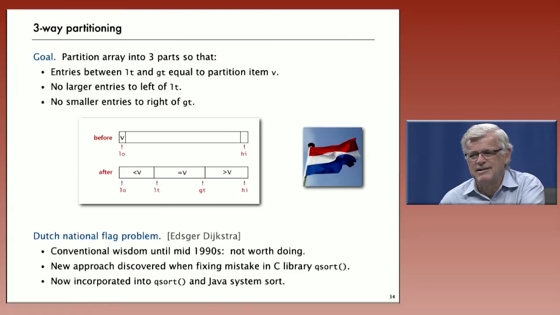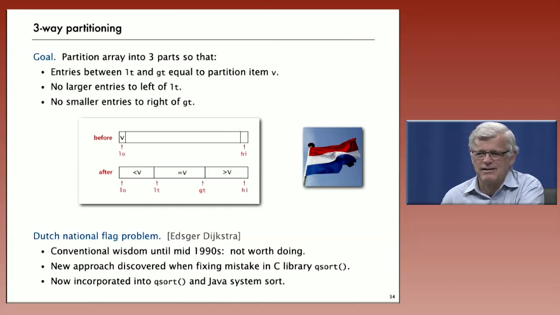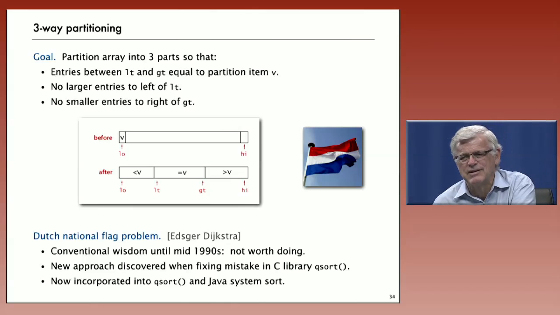Now, until the 1990s, conventional wisdom among people implementing systems was that it wasn't worth doing this. But actually, it's a problem that Edsger Dijkstra had proposed in the 70s as an example of a programming problem. He was really interested in analyzing correctness of programs and showing how you could convince yourself that the program was operating as expected.